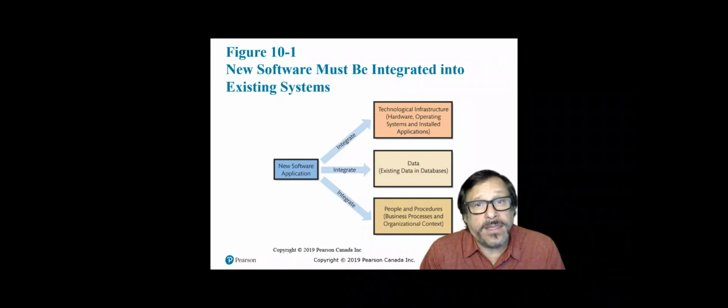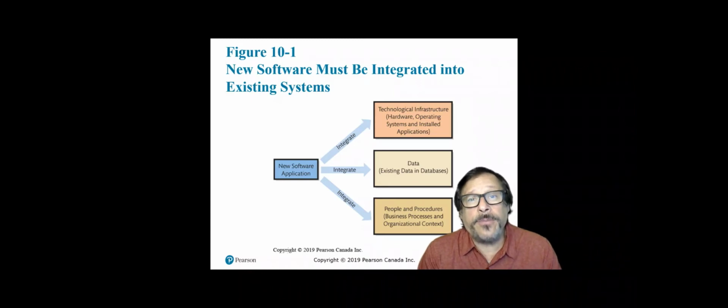The next thing you have to look at is the data. You've already collected all this data as your company has run up to this point. Will this new software integrate with existing data? If you are buying a new human resource system, for example, or a new inventory control system, you've got all this data you've already collected. Will this new system integrate with that data?